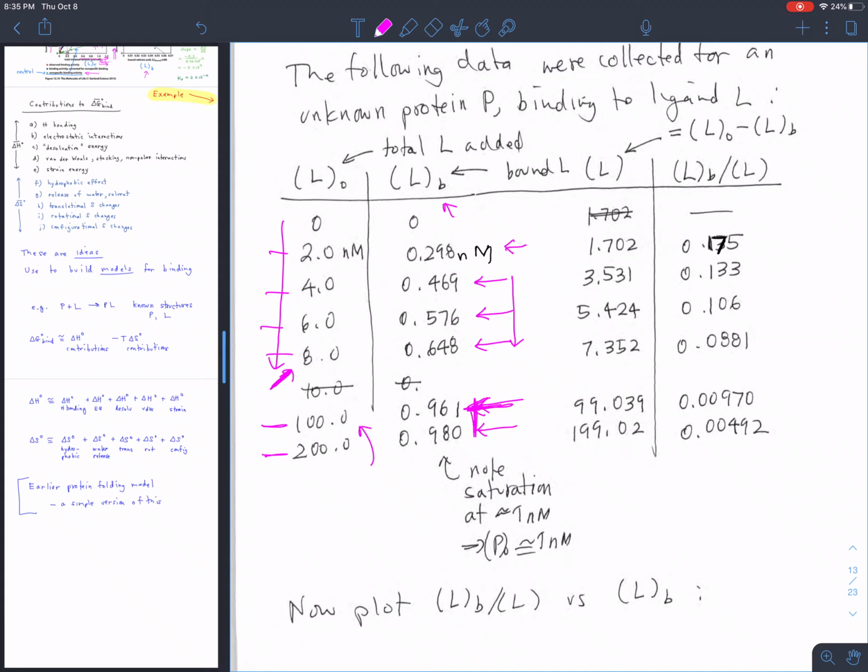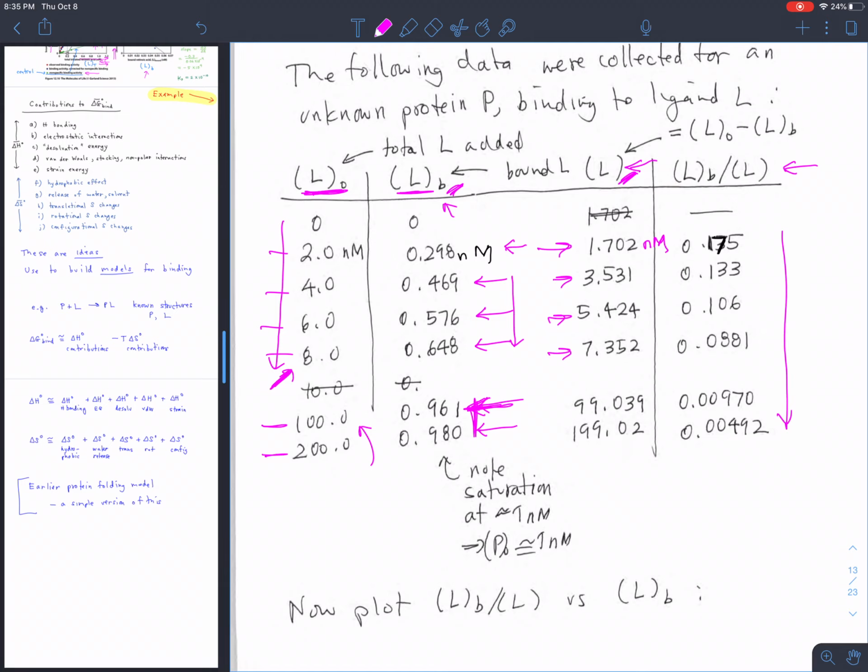All right, now we subtract this guy from this guy in order to get this guy, the free ligand. And here are the numbers, 1.7, 3.5, 5.4, and so on, all nanomolar units. And then we make the ratio of this guy divided by that guy. That's our bound over free ratio.